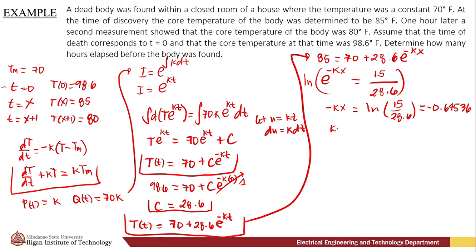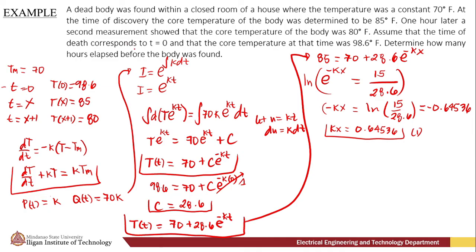So kx here is equal to 0.64536, since I divided the whole equation by negative 1. So we have this one, our first equation.